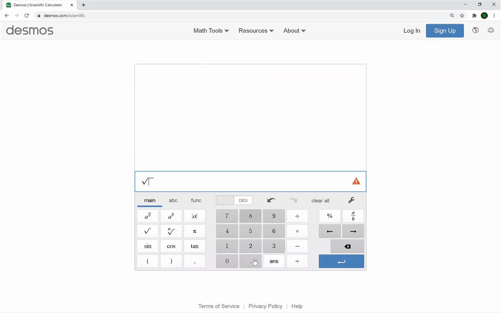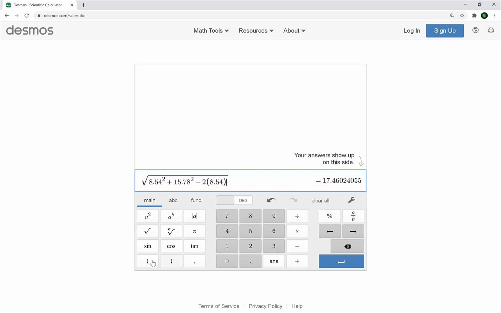Square root 8.54 squared plus 15.78 squared minus 2 times 8.54. I have to type slow here, guys, because I'm using a mouse.